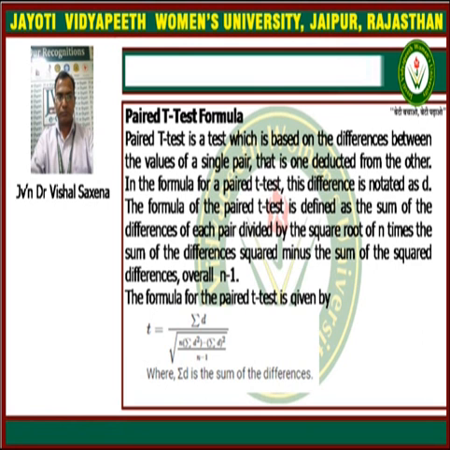So the formula is t equal to summation of d upon under root of n into summation of d square minus summation d whole square upon n minus 1, where summation d is the sum of differences.